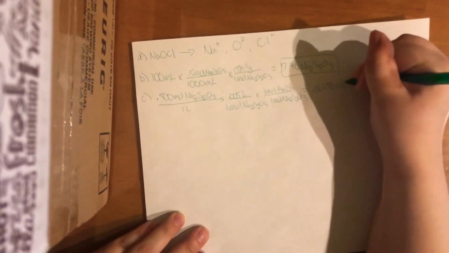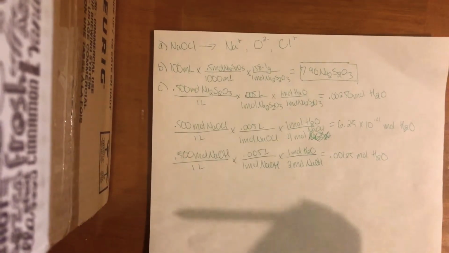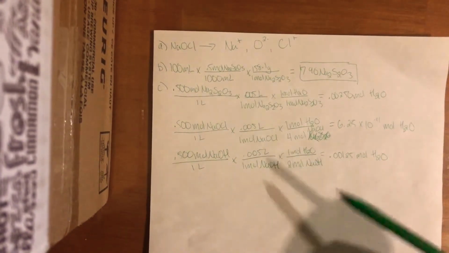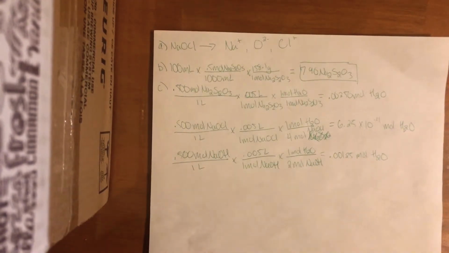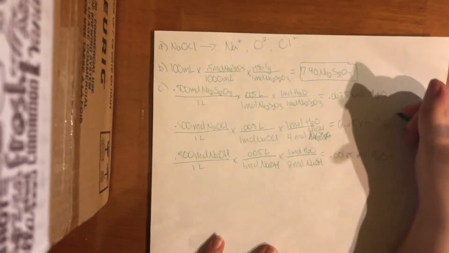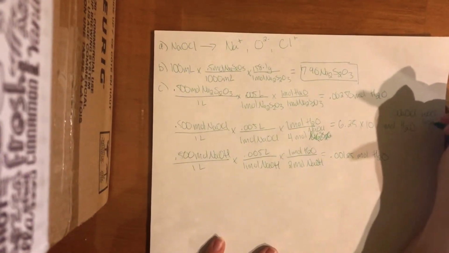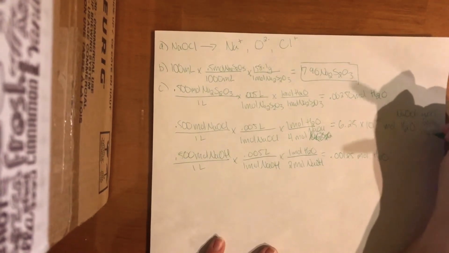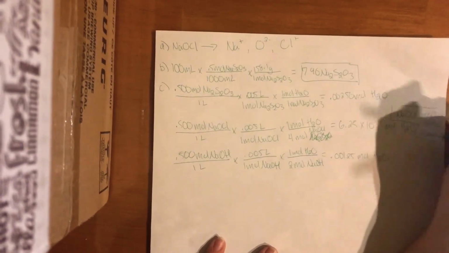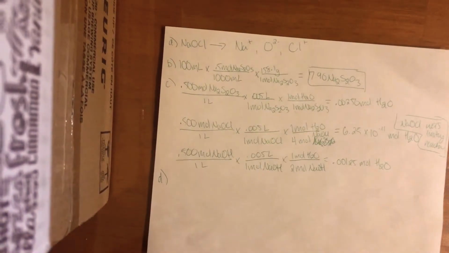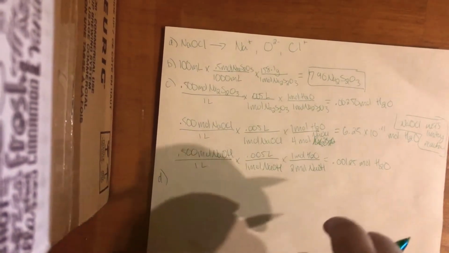0.00250 mole of H2O. Okay, so I solved out the rest of them, and the only thing that I did different is I used 4 moles of NaOCl and 2 moles of NaOH because in the equation, that was how it was balanced. And I determined that NaOCl was the limiting reactant. So part D gives you a graph, and it asks you to find the temperature change.